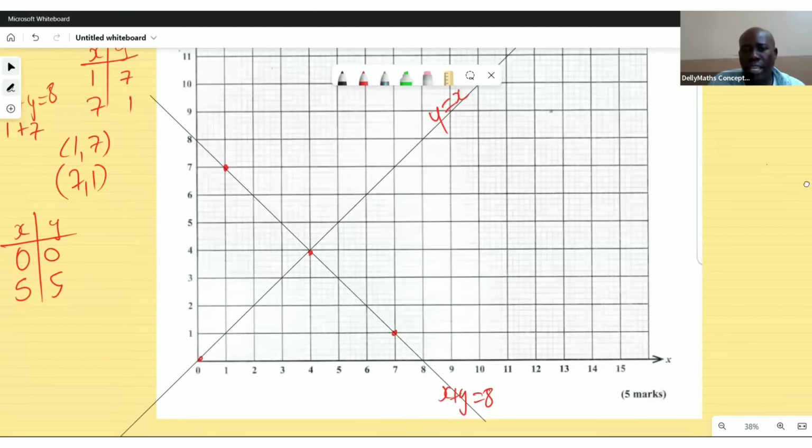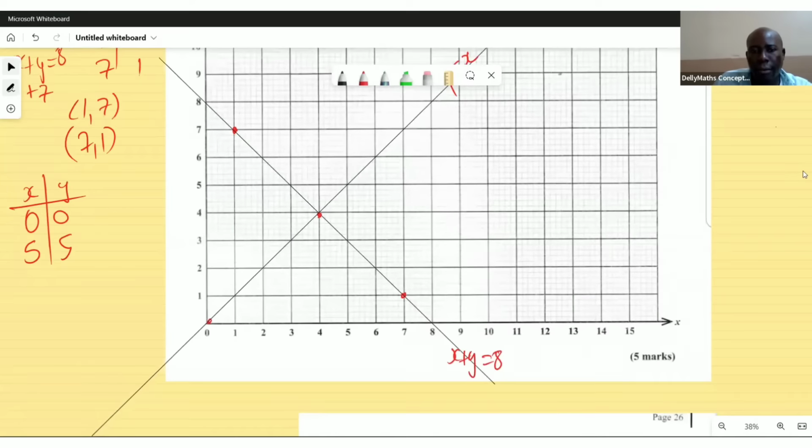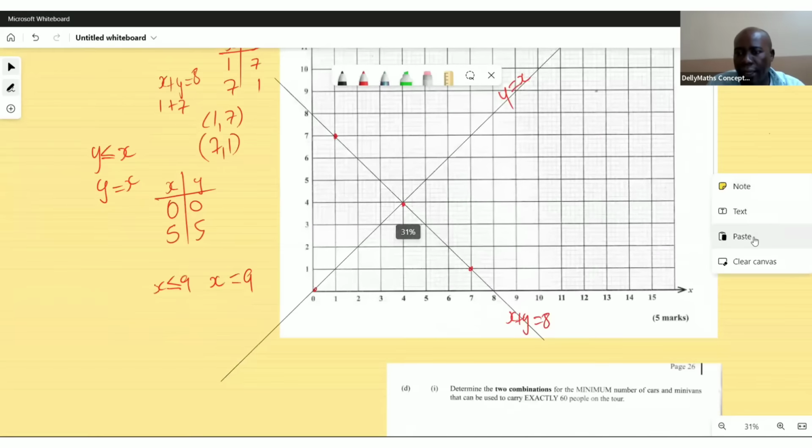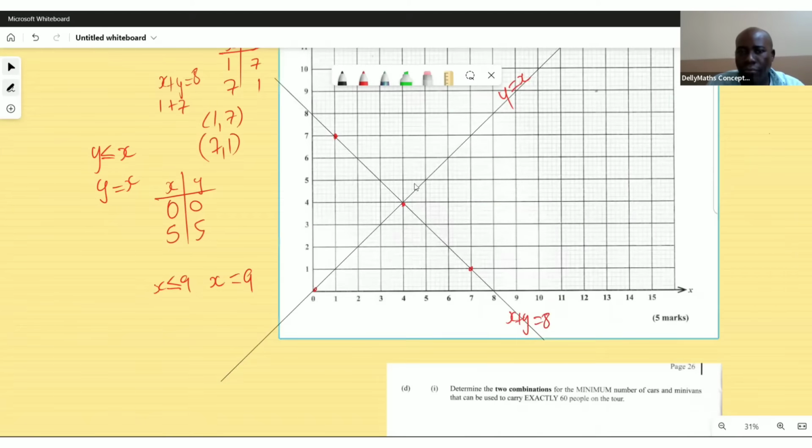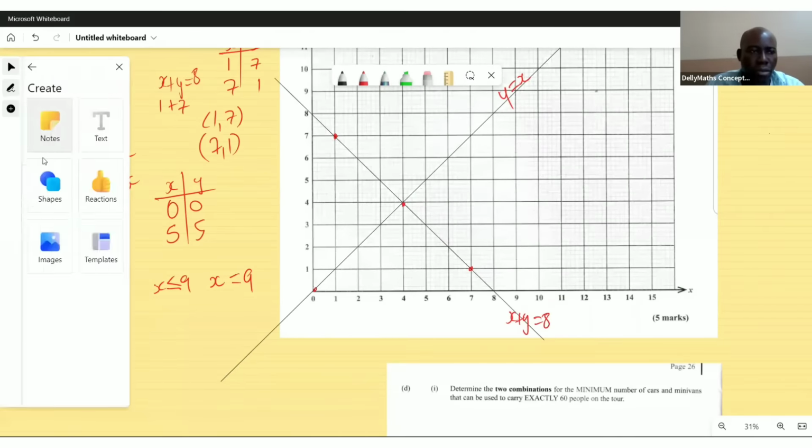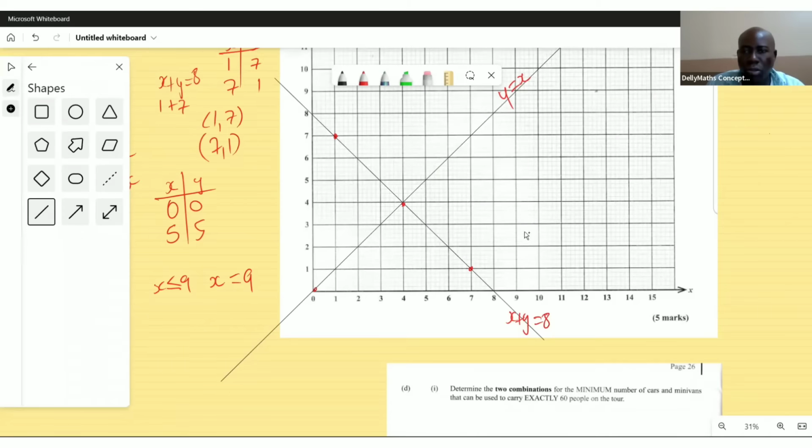Another inequality that we had was that x must be less than or equal to 9, which means that the line that we're working with is x equal 9. So we want to utilize x equal 9 right there. So we'll take out our line, going for x equal 9.